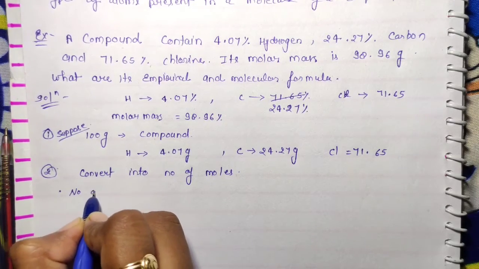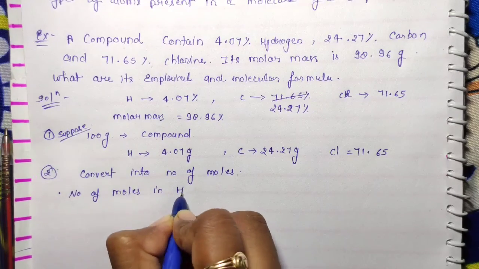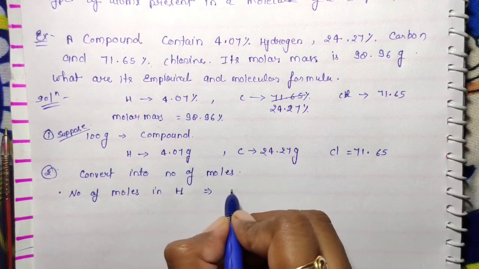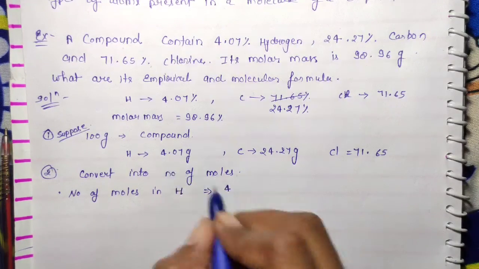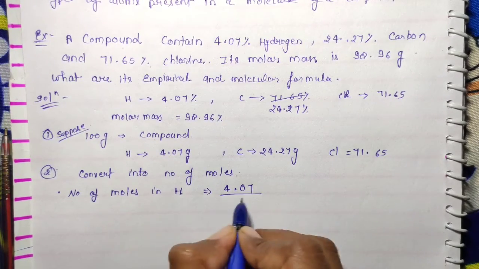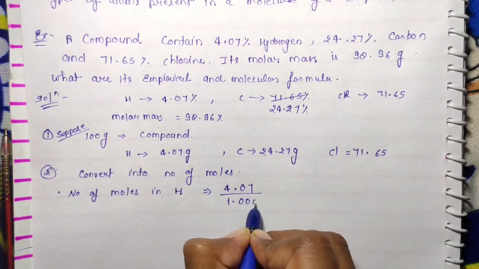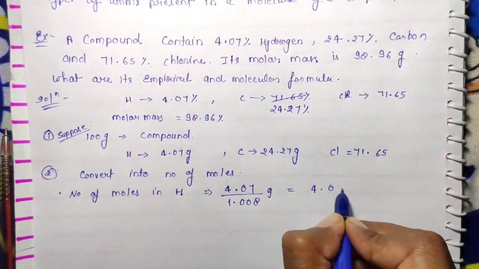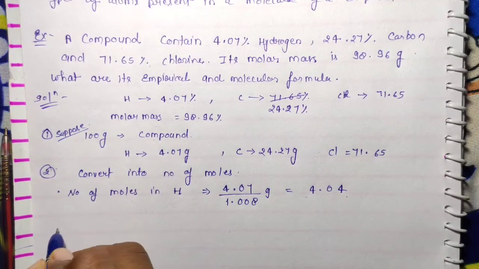Number of moles in hydrogen: mass of hydrogen present in compound, 4.07, divided by atomic mass of hydrogen, 1.008 gram. We will get 4.04. It is the number of moles of hydrogen.